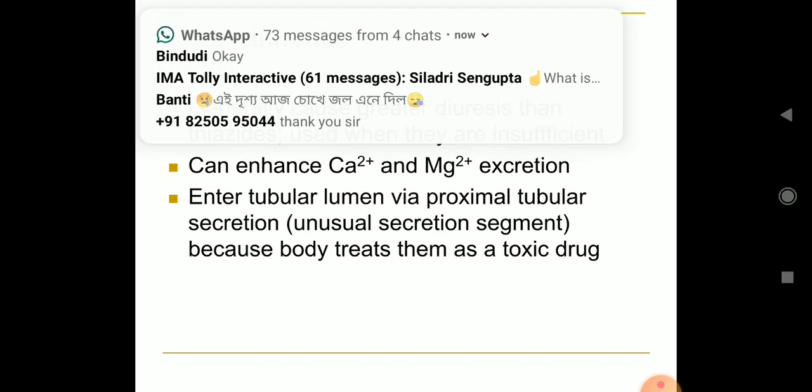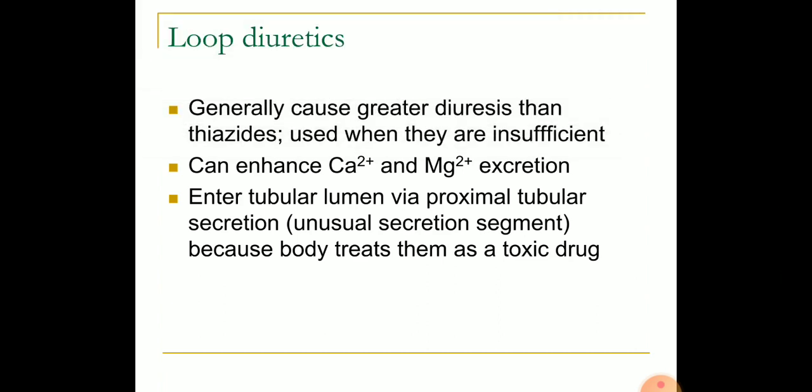If you compare the hypokalemic effect, you will see that chlorthalidone and hydrochlorothiazide have more hypokalemic effect in comparison to furosemide, mainly because of the duration of action when the drugs are used chronically.